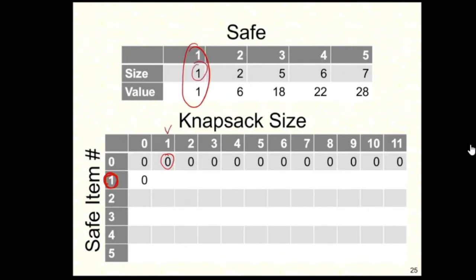This item is of size 1. I need to look 1 column to the left of me. So it's basically this one plus 0, or this one plus 1, which is the value of that item. So I put 1 in there. I say, hey, that's the best way to get there, is to steal this item.